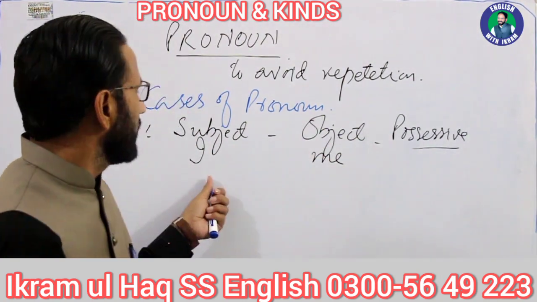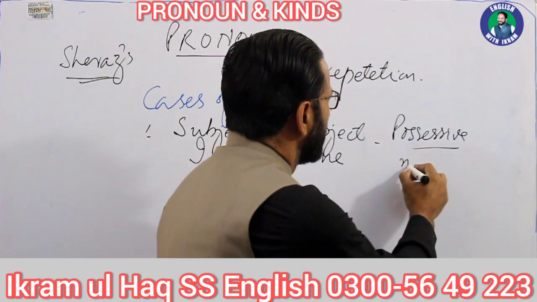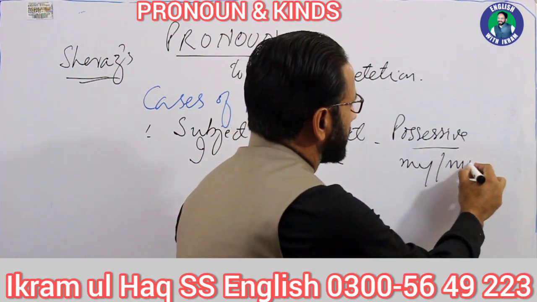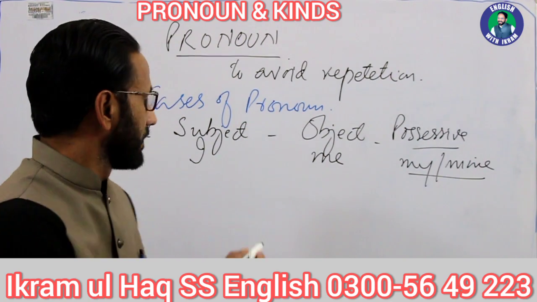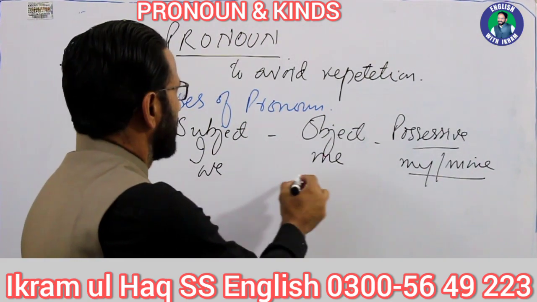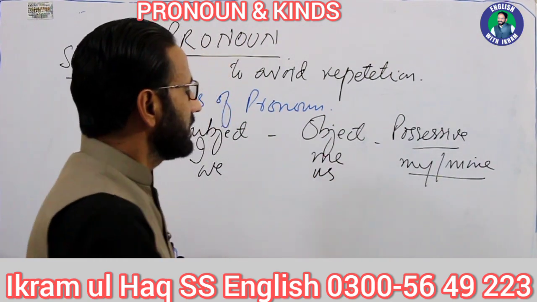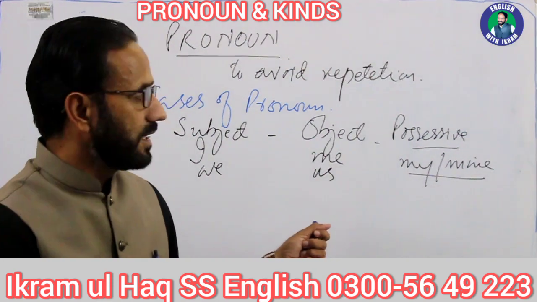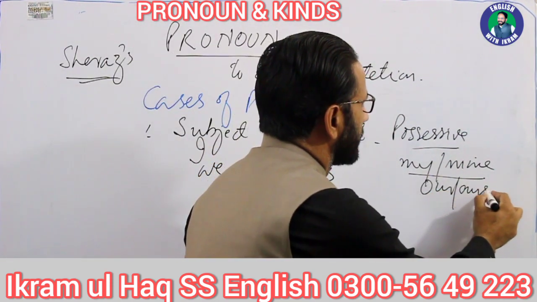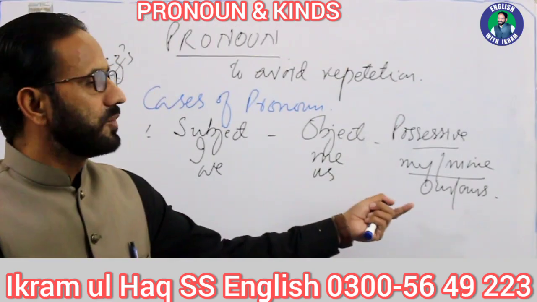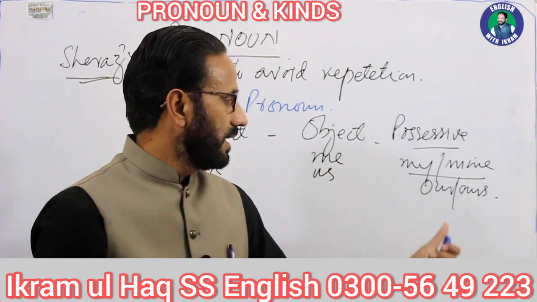So, in case of pronoun I, we have my or mine. This is possessive case of pronoun. We, it becomes us when it plays the function of an object, and our or ours. I will discuss where we use my and where we use mine, and our and ours.